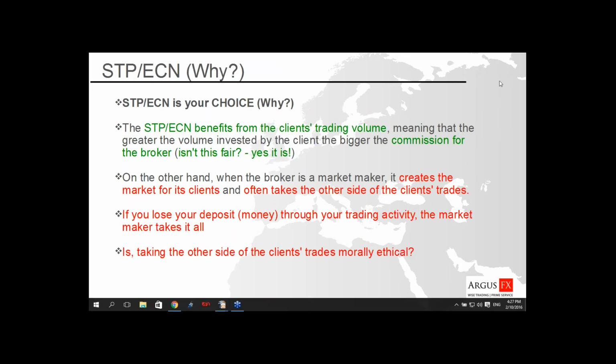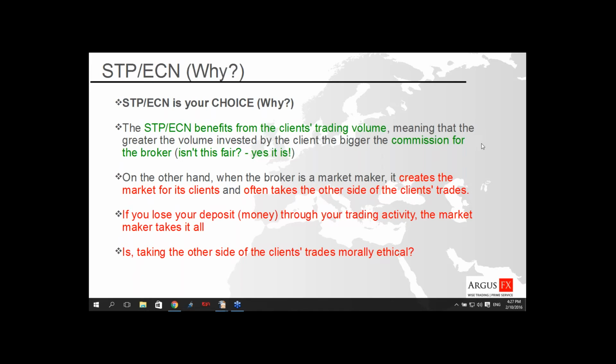The STP or ECN broker benefits from the client's trading volume. So the more the client trades, the more volume the client places, the bigger the commission for the broker. Isn't this fair? Of course it is fair.